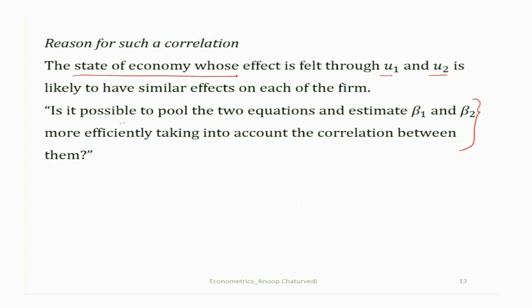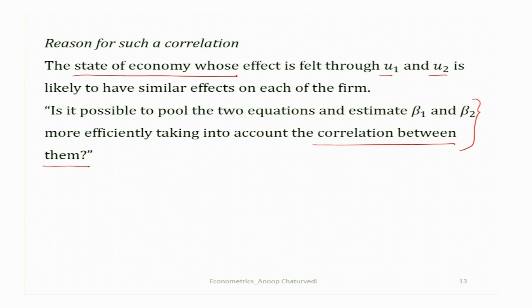And then, after pooling, we estimate beta 1 and beta 2 jointly and more efficiently, and that estimator takes care of the correlation between them also.